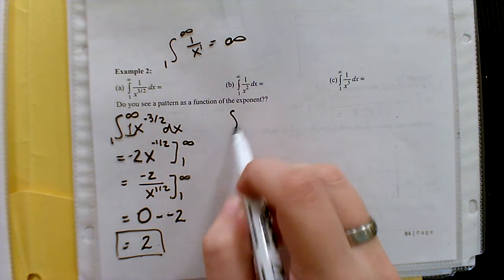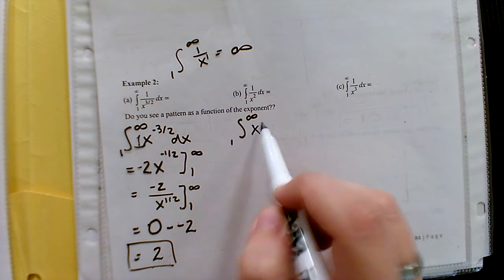Let's go ahead and try the other ones. We could rewrite 1 over x squared as x to the negative second.